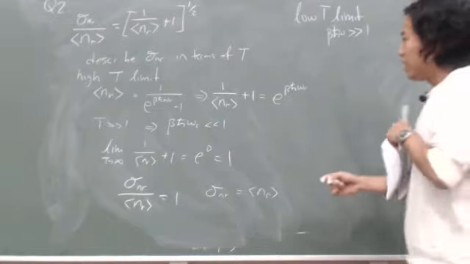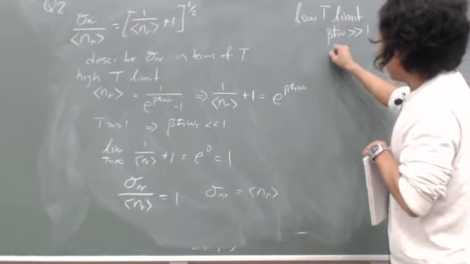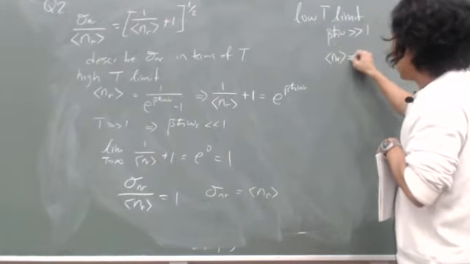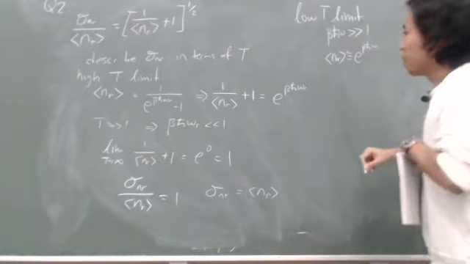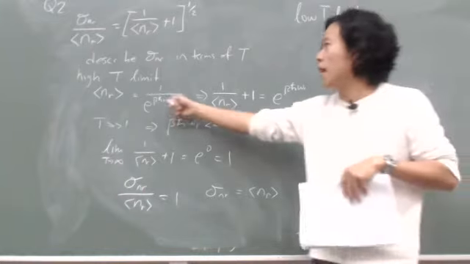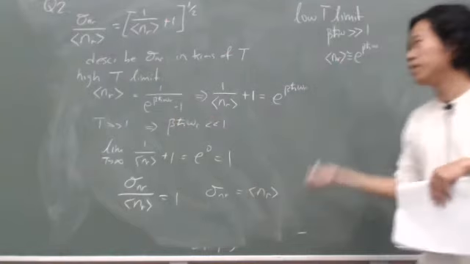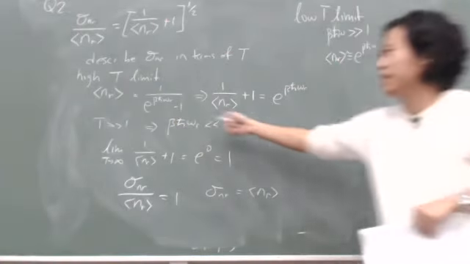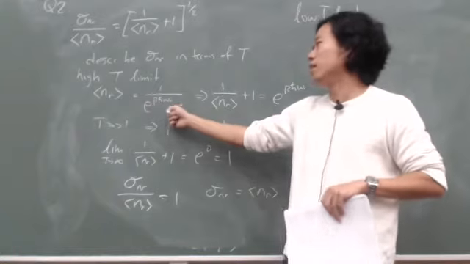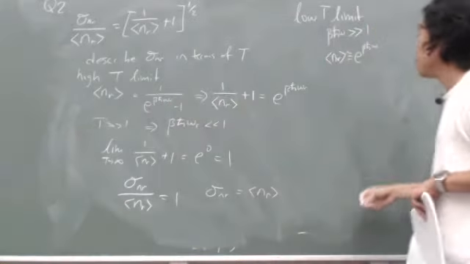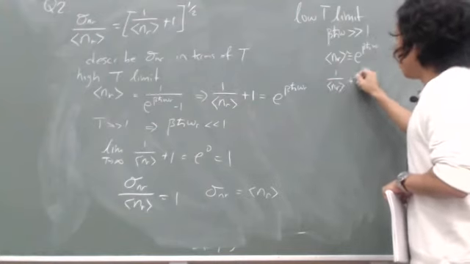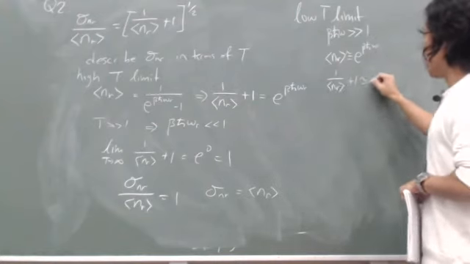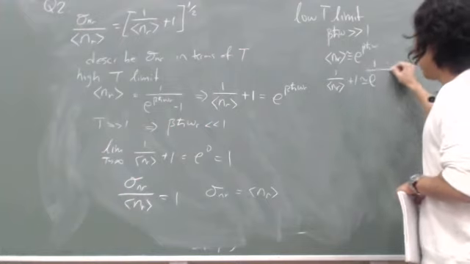So in this case, the occupation number nr is approximately just e to the beta h bar omega, because you've overpowered this minus 1 term where it doesn't really matter. Comparing an extremely large exponential to a 1, you can just approximate with the exponential. So then 1 over nr plus 1 is again approximately 1 over e to the beta h bar omega.